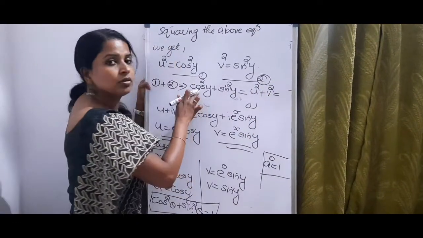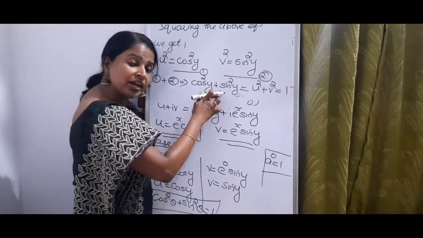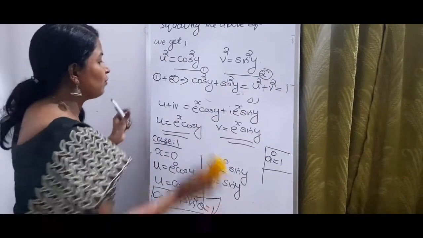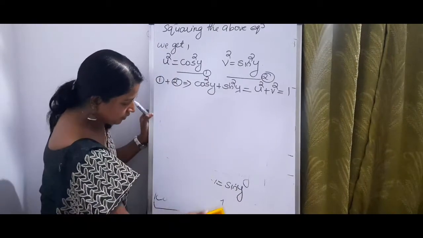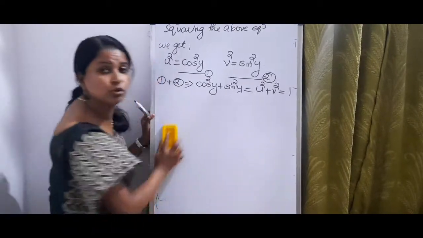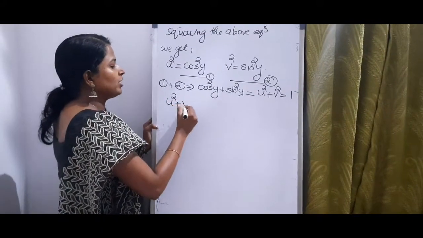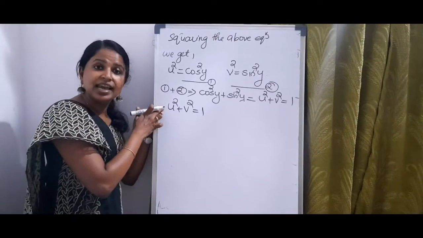That is equal to 1, since cos square y plus sin square y equal to 1. So u square plus v square equal to 1. That is, when we take x equal to 0, we get u square plus v square equal to 1, which represents a circle.